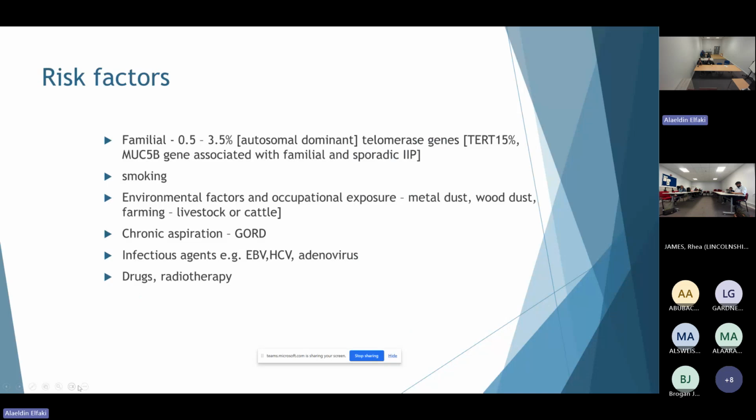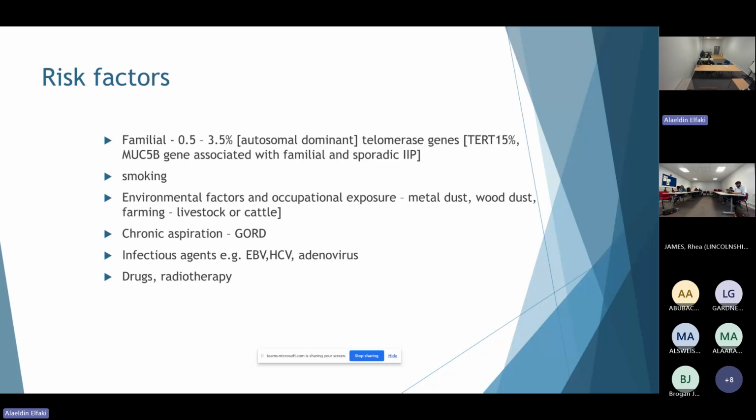So what are the risk factors for idiopathic pulmonary fibrosis? There are plenty of them. Smoking might be one. Some cases might be familial as well and related to autosomal dominant inheritance due to the presence of some genes like PERT and MUC5B. These are genes that have been demonstrated in some familial cases of UIP or idiopathic pulmonary fibrosis.